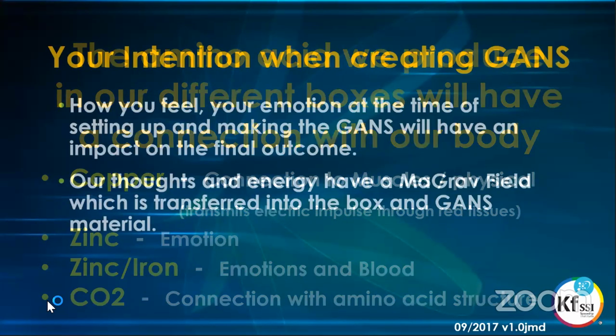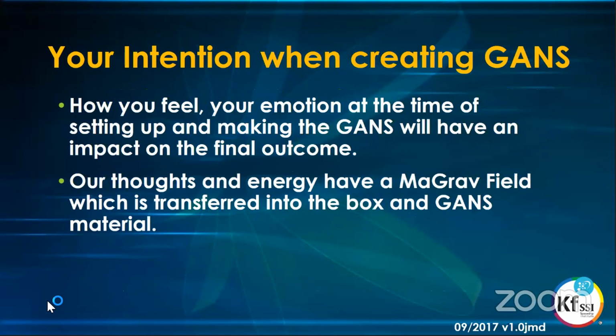And as before, in anything that we do, whether we're nano-coating, making ganses, or making plasma devices, it all comes down to our intention when we're making them. How you feel, what your emotions are at the time that you're setting up and making the ganses will all have an impact on the outcome that you want, because our thoughts and our energies have the maggrav field, and these are transferred directly into the box and ganses that we make.